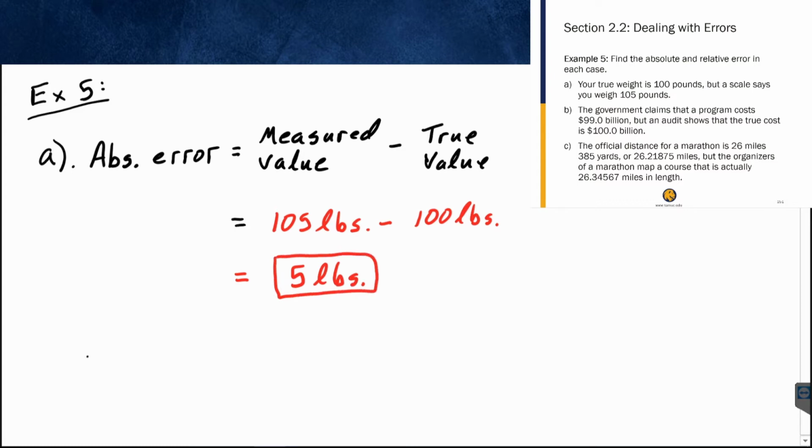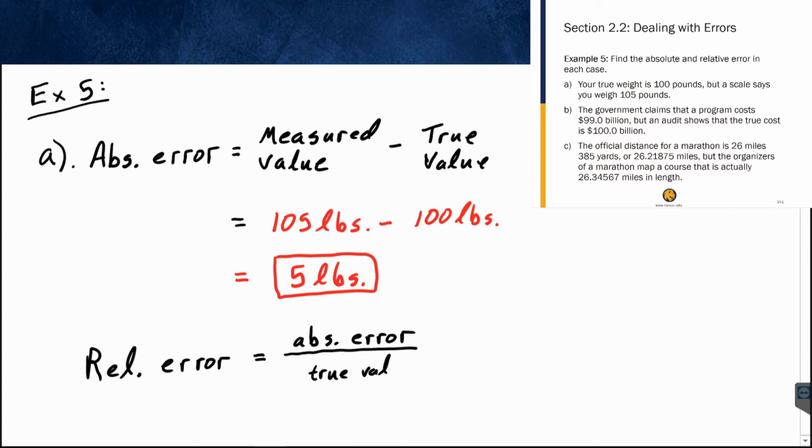And so what we'll do next is calculate the relative error. The relative error is equal to, again, the absolute error that we just calculated divided by the true value times 100% to write it out as a percentage.